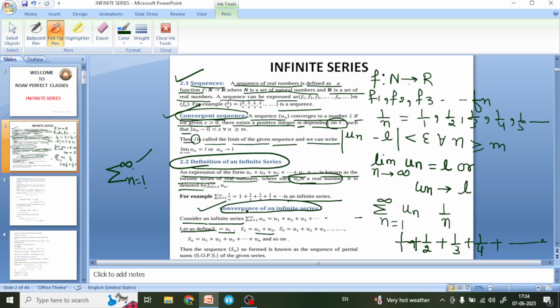What will be S3? S3 is U1 plus U2 plus U3. And Sn is U1 plus U2 plus U3 up to Un. Then the sequence, represented by Sn, so formed is known as the sequence of partial sums, SOPS, of the given series.